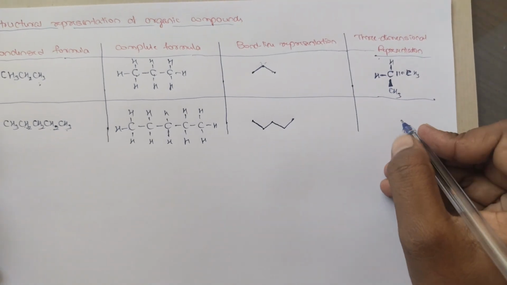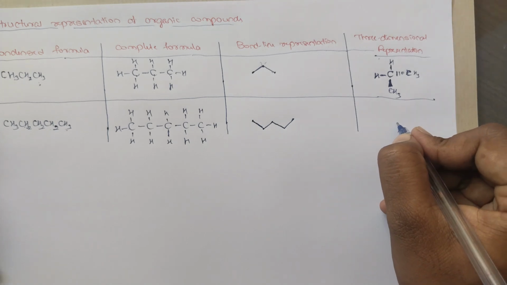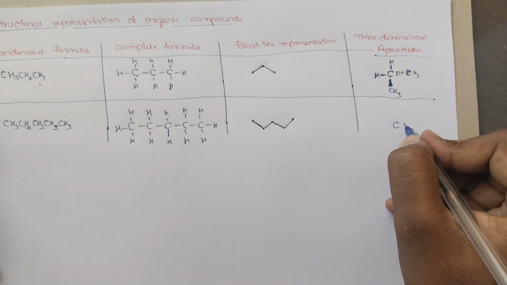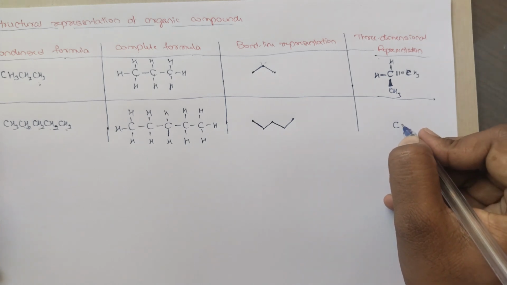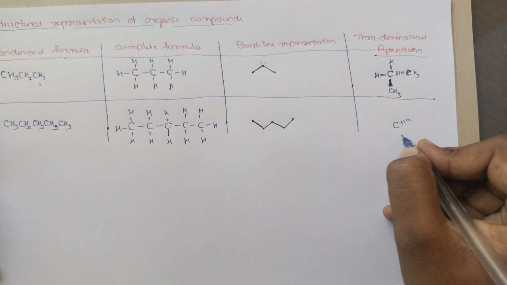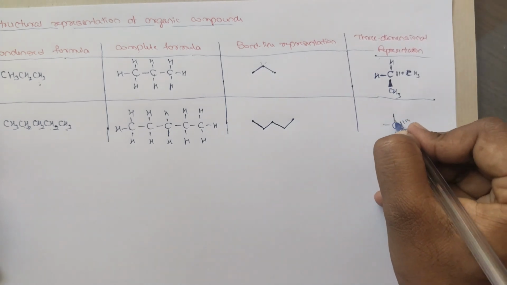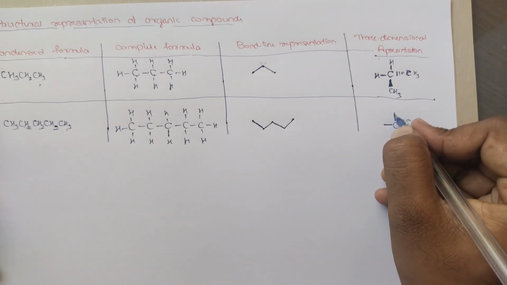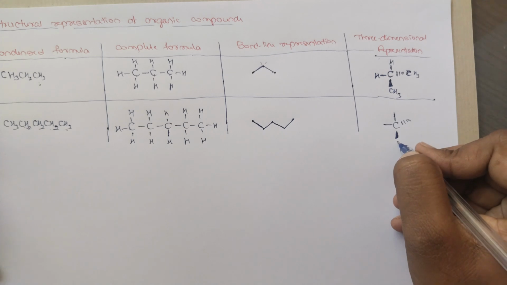Then what about the three-dimensional structure? Here you can show above the plane and below the plane. These bonds show that the groups attached to this carbon are in the plane, and of these two, one is below the plane and one is above the plane.